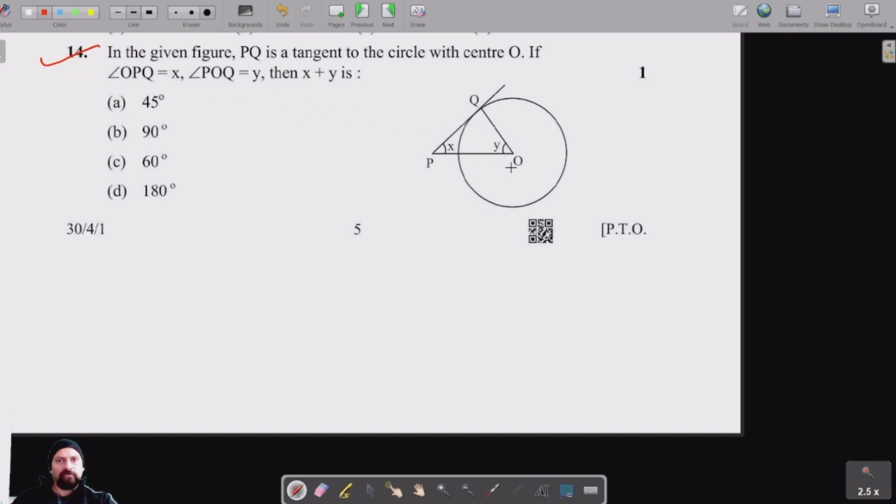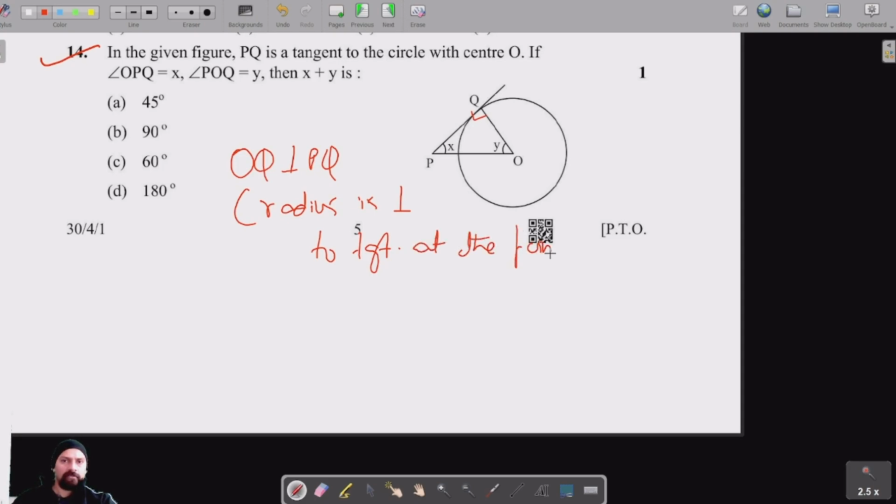Angle OPQ is X, and angle QOP is Y. We have to find the value of X plus Y. OQ is perpendicular to the tangent because the radius is perpendicular to the tangent at the point of contact.